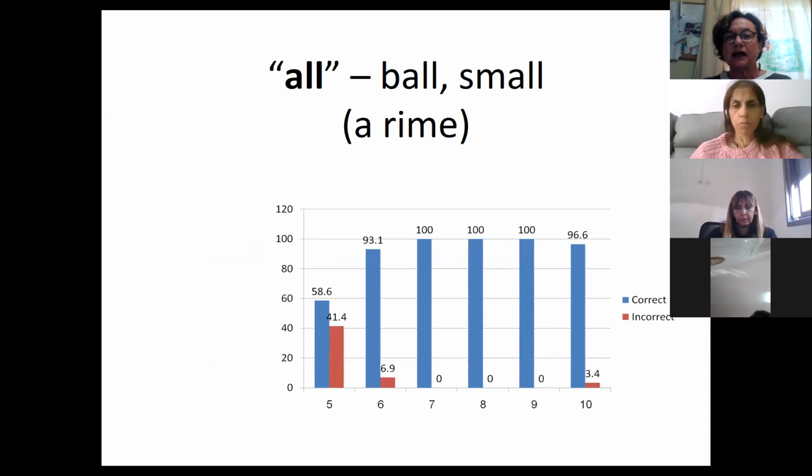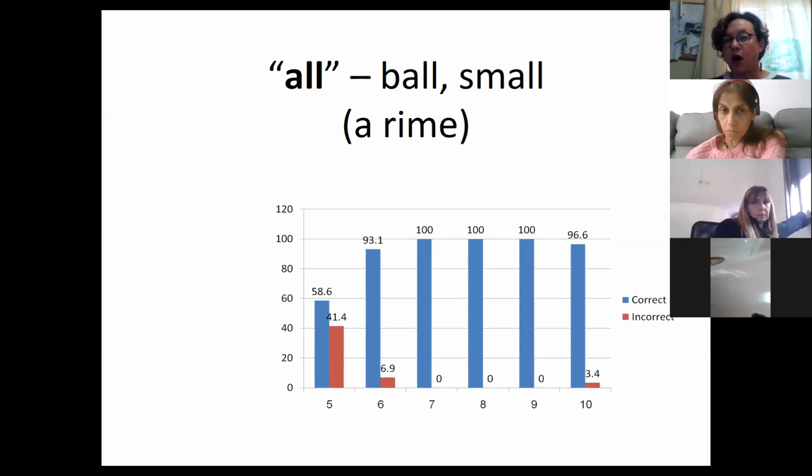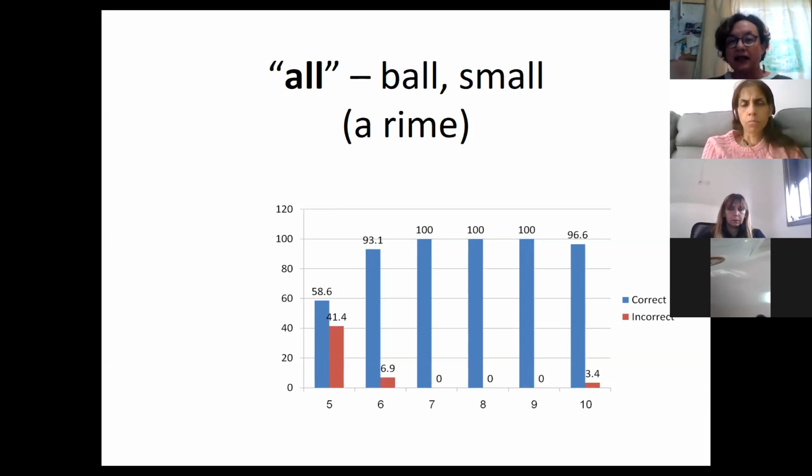Over here, we have all, and all is more than one phoneme, okay, because it's the O and the L. And it's considered, if you're talking about a unit, it's considered a rhyme, and it's spelled R-I-M-E. It's a linguistic unit. I'm not going to spend a lot of time on that. I'll explain this to you a little later in the framework of the other table that I made.